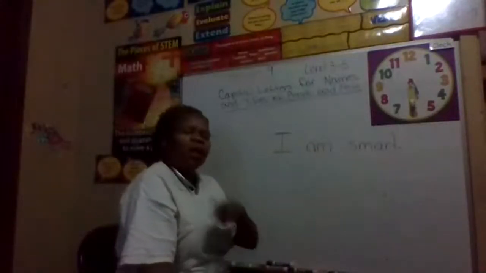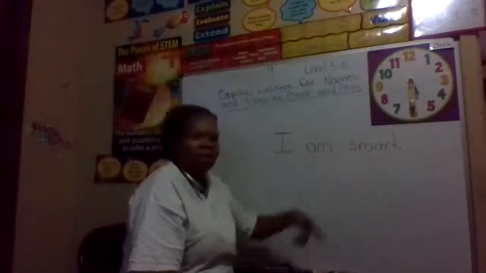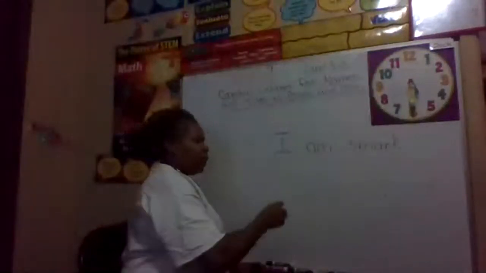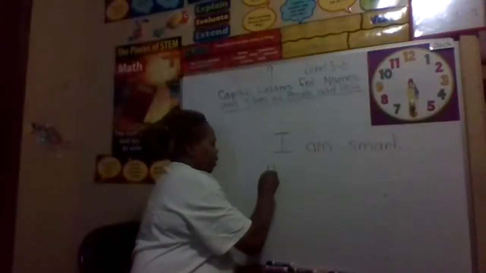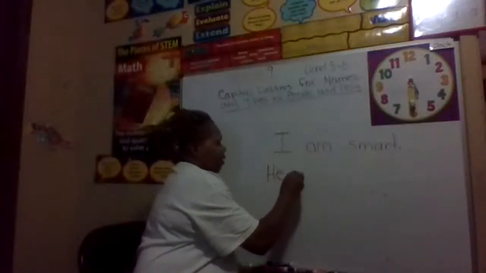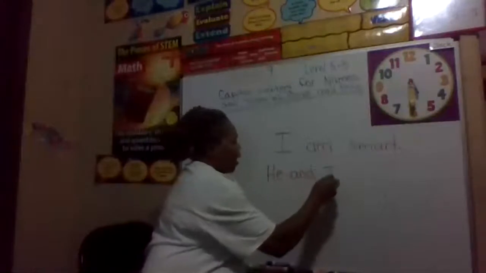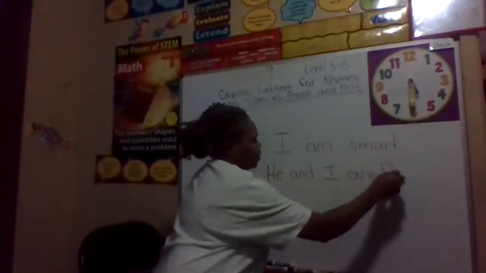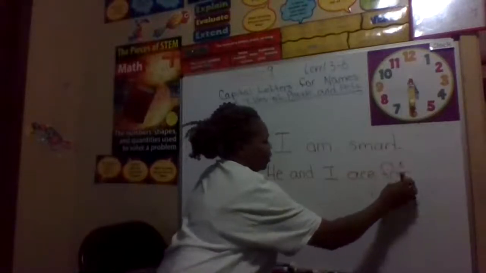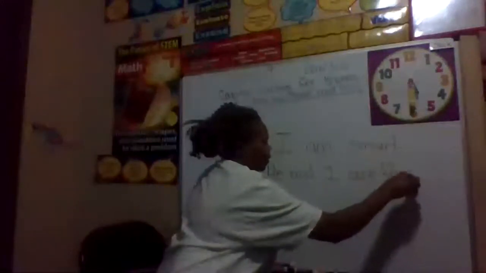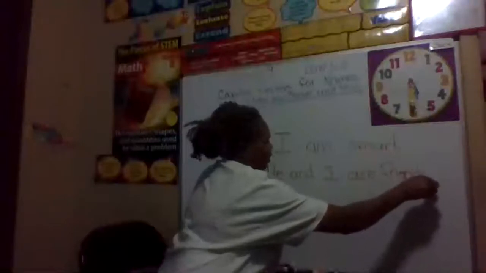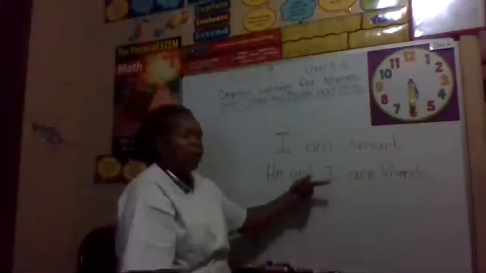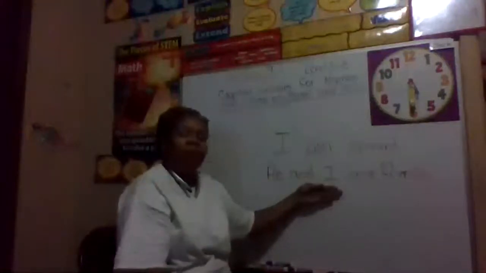But what if I was in the body of the sentence? Then what would we do? Make it a lowercase letter? Let's see. He and I are friends. Here, you see, I is also a capital letter.